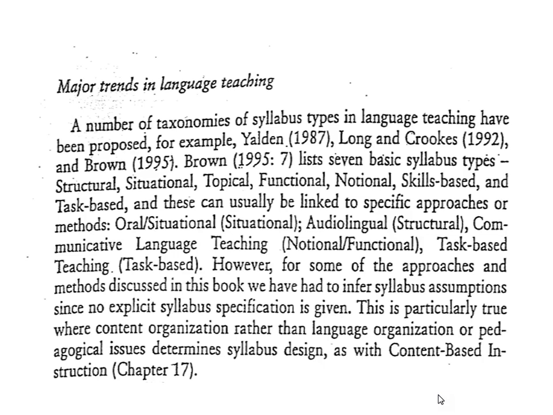However, for some of the approaches and methods discussed in the book, we have had to infer syllabus assumptions since no explicit syllabus specification is given out of these 7 categories of syllabus. Suppose you want to teach language through the silent way. We don't know yet, but I can give you a hint that in the first class the students will not utter any sentence.